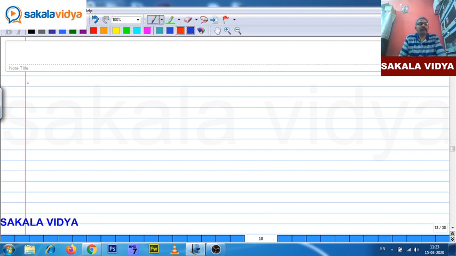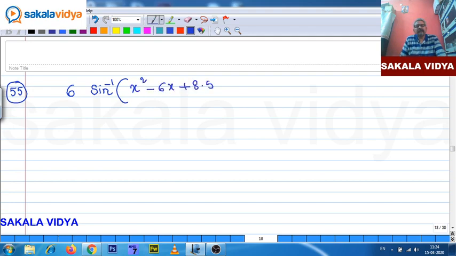Now, 55. Six times sine inverse of x square minus 6x plus 8.5 equals to pi. Then x is equal to.